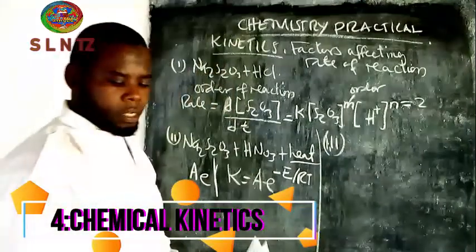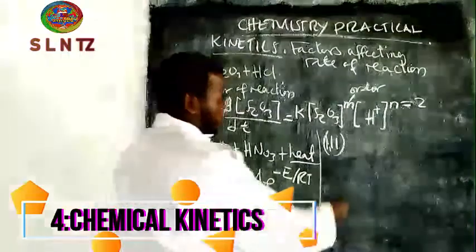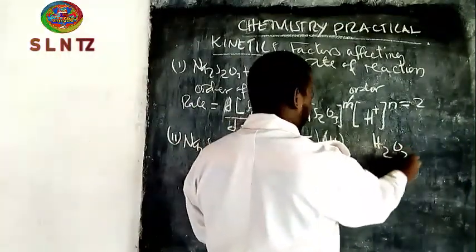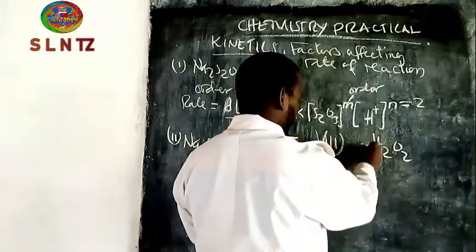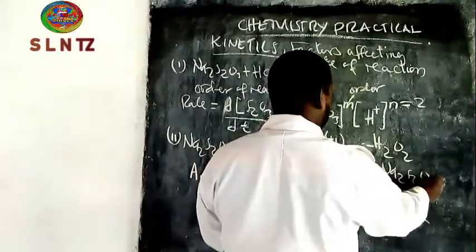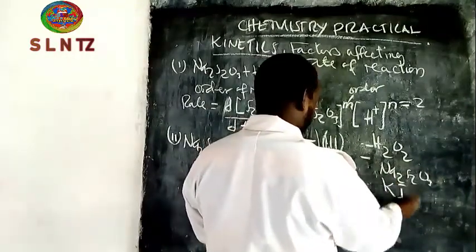But number 3, a question to concentrate on in kinetics. You have the following materials. The first, hydrogen peroxide, sodium thiosulfate, calcium iodide.